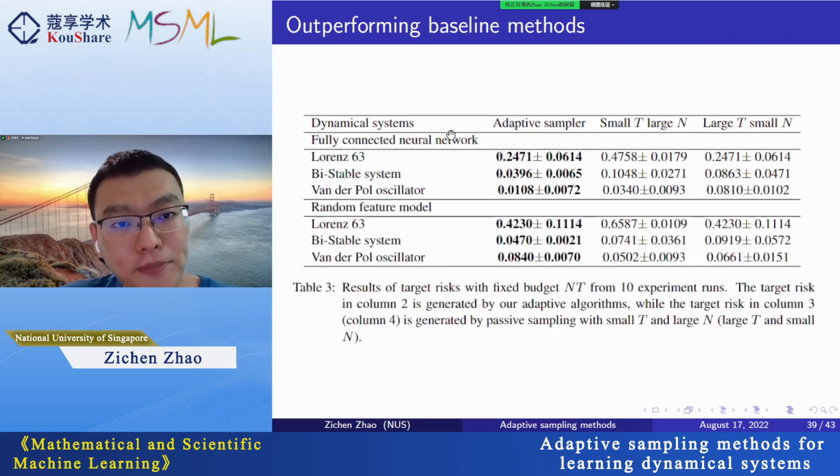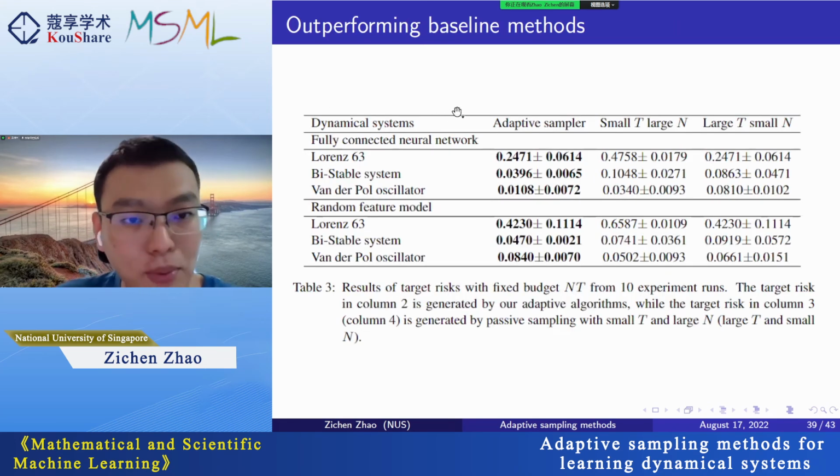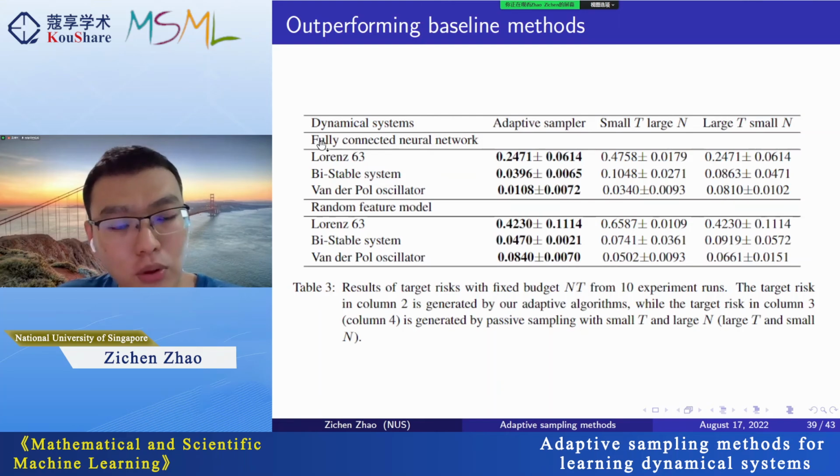And in the previous 3 examples, we use fully connected neural networks to train models. So here we also change the learning method, use the random feature models with Gaussian kernel to do the same things, and compare the results from adaptive samplers to the baseline passive sampling.